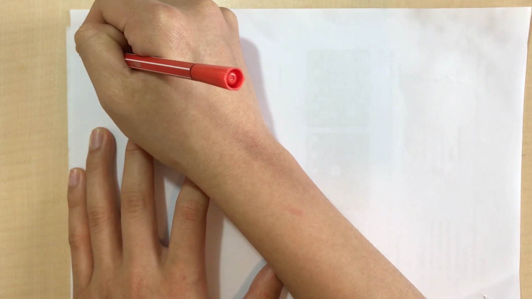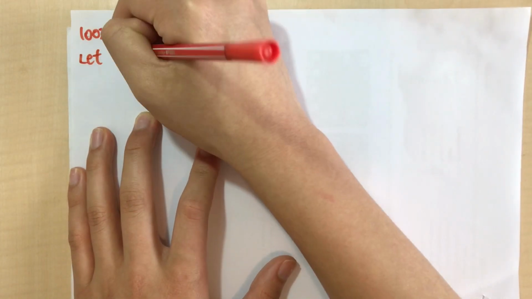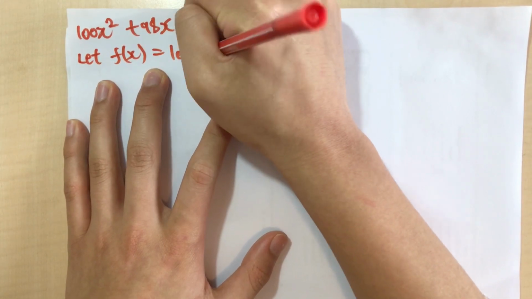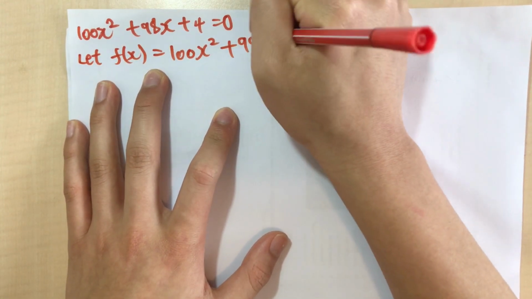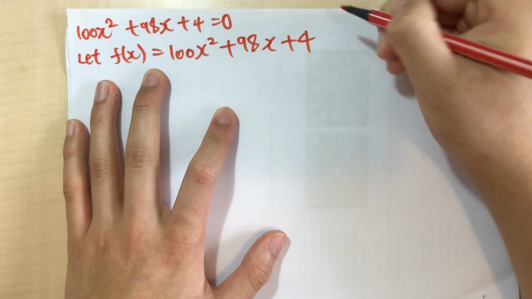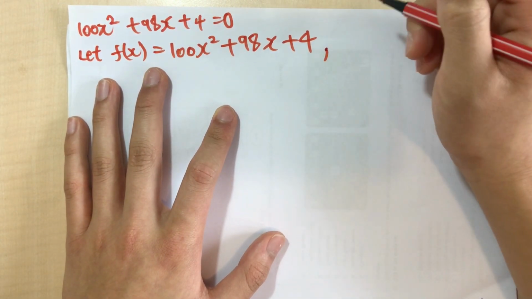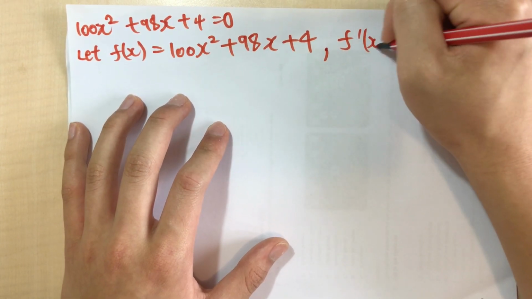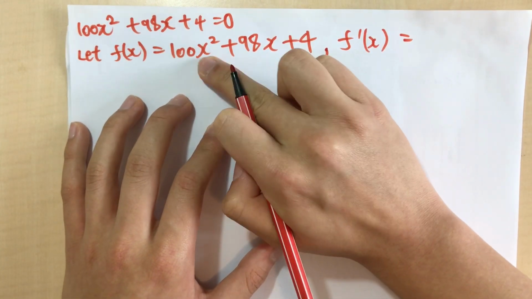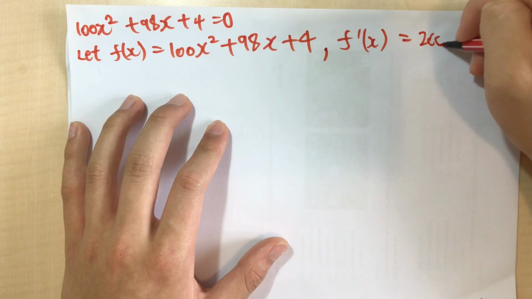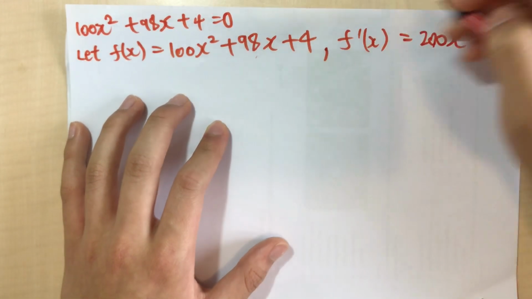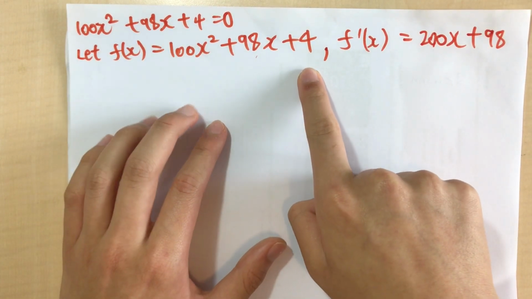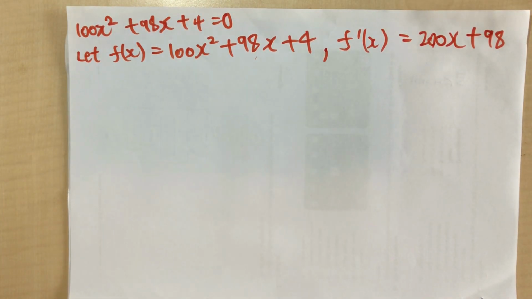Okay, so the first step will be letting f of x equal to this guy up here, and then we will want to differentiate the whole equation. We get f prime of x. We differentiate 100x squared, we get 200x. We differentiate this, we get 98. And then we differentiate a constant, we get 0.